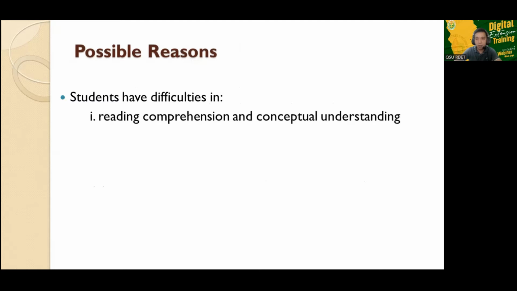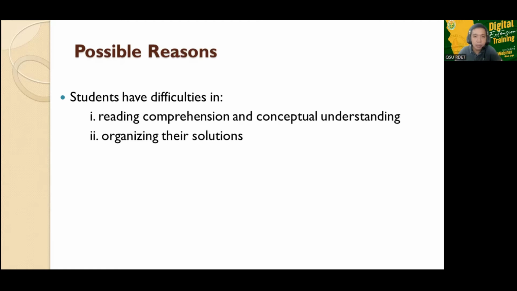Or they have a problem in conceptual understanding. So basically, if they don't know the principle behind, they get stuck. Okay? Or if they have another interpretation of the problem, then definitely they will fail to solve the problem.